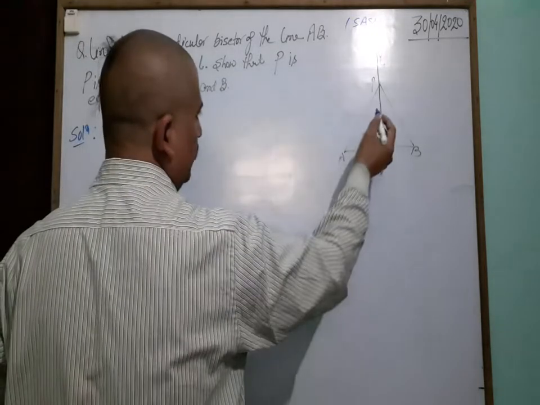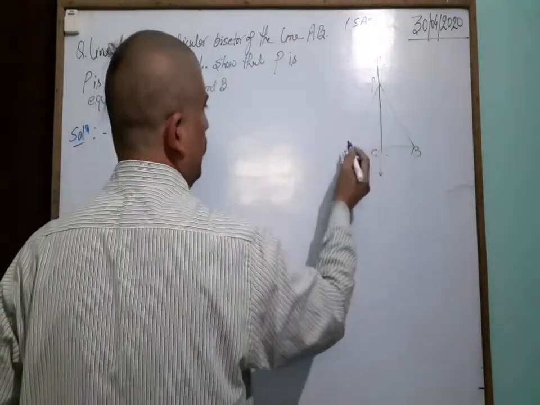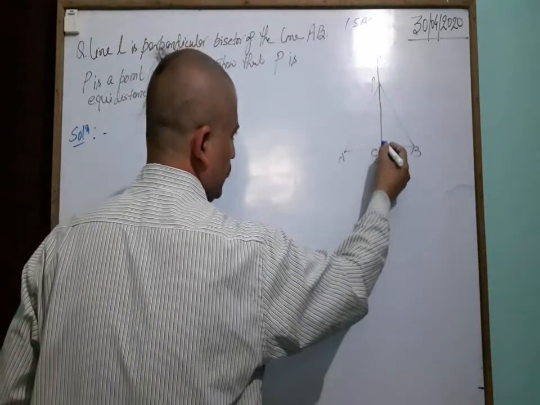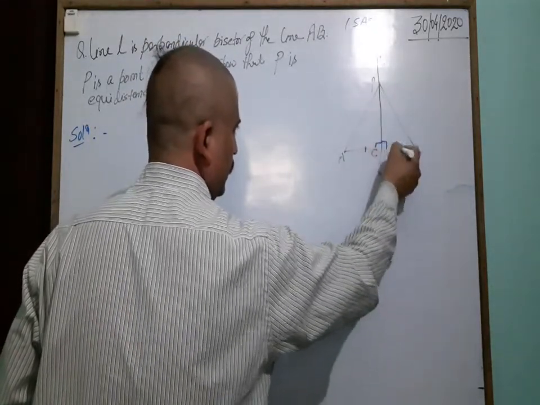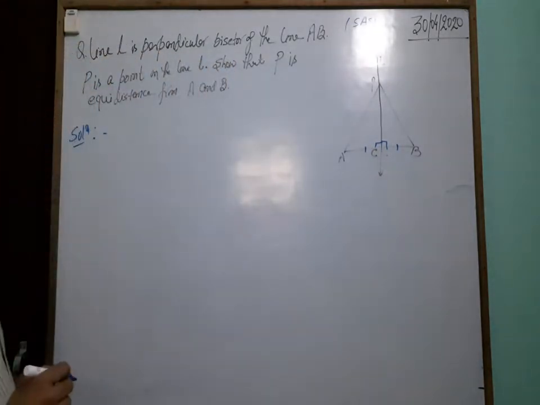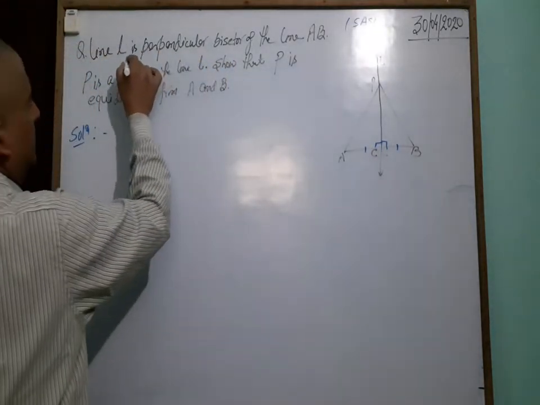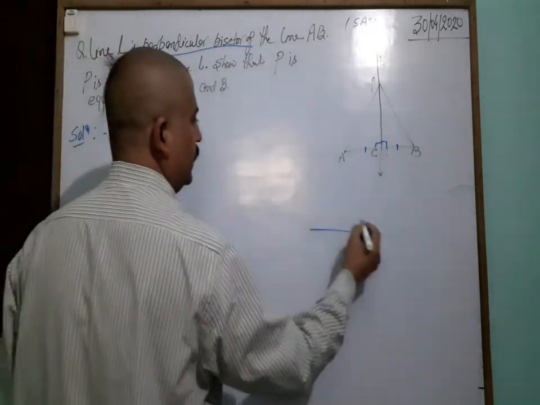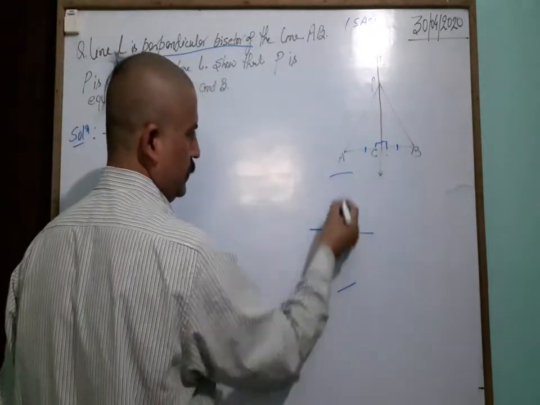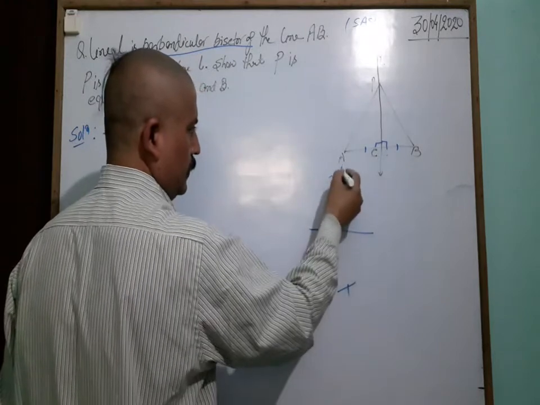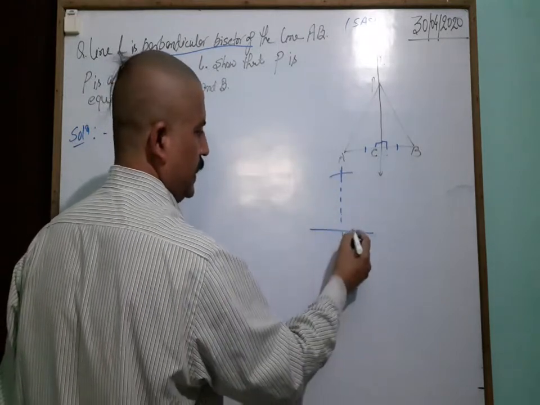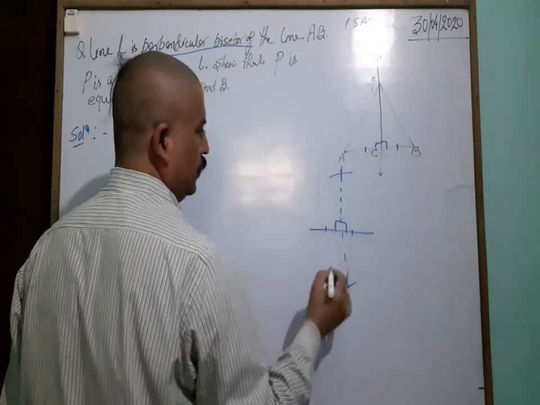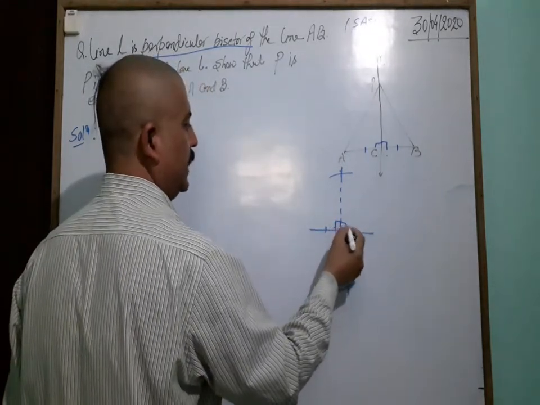Given that, perpendicular bisector means the line is the perpendicular bisector, so both the angles are right angles.